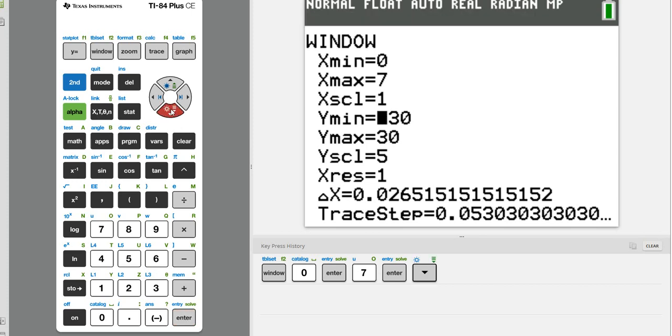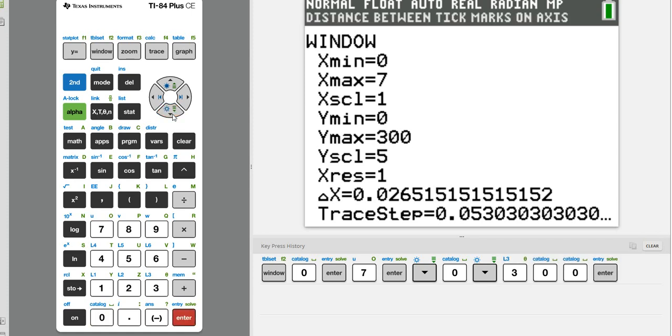As far as the rest of this is concerned, I'm going to graph this from, say, 0 to, I don't know, let's take a look here. Let's go 300 and I'll scale it by 50. See what we get. Those choices are informed by this graph.